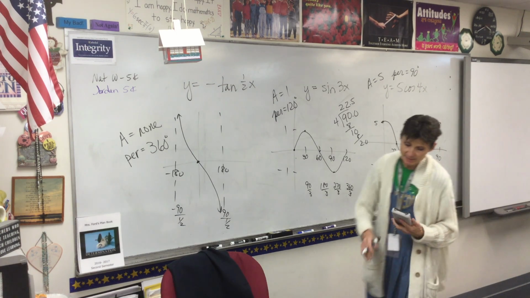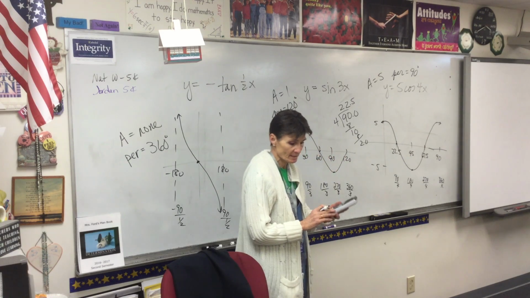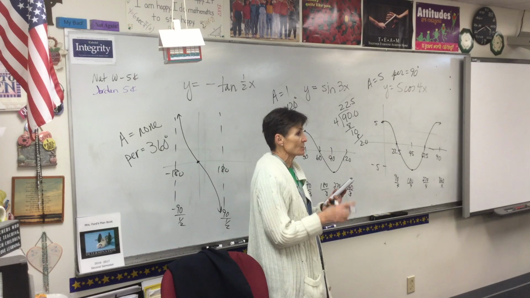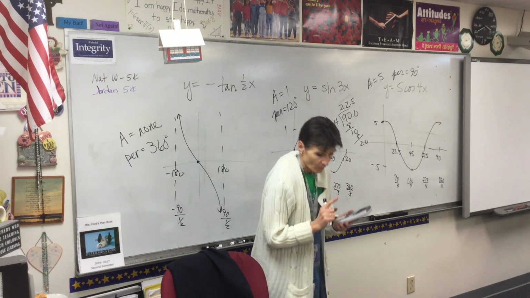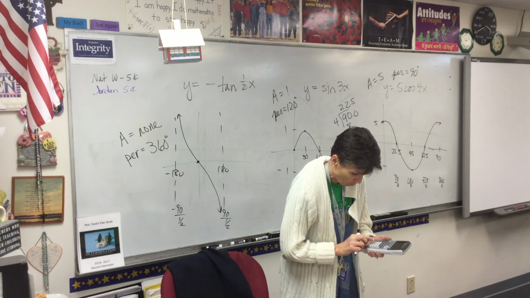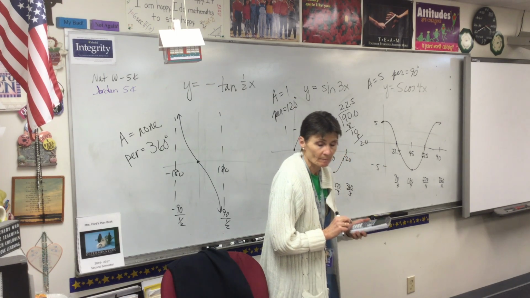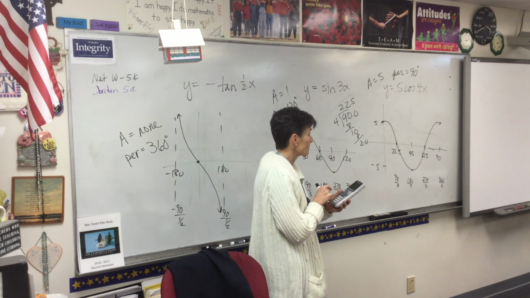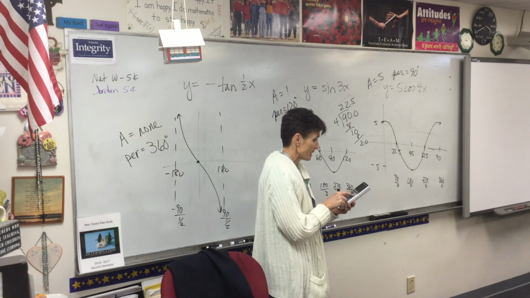All right, let's see if we can get this calculator page done. That would be awesome. Number 8, convert to degrees, minutes, seconds. Remember how we did this? We just type in 287.175, and then we go to second apps and down to DMS.